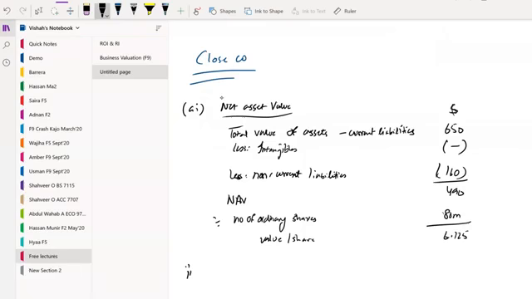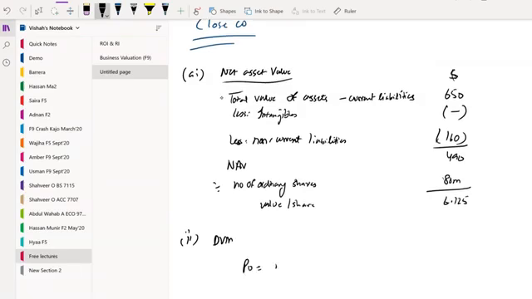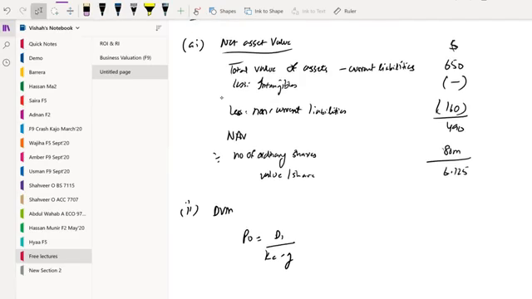Moving on to the DVM method, P naught is equal to D1 over KE minus G, where we have to compute the growth rate. Just a minute, I guess the growth rate is already given to us.